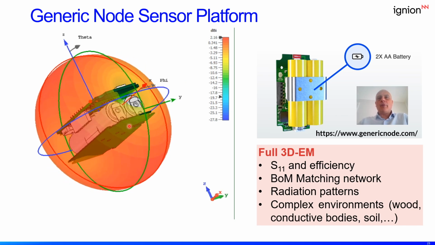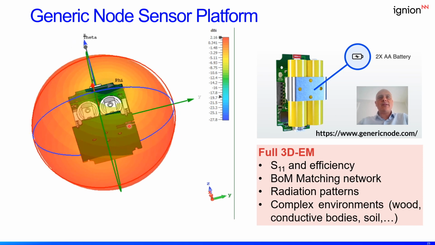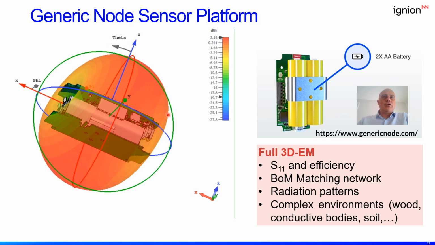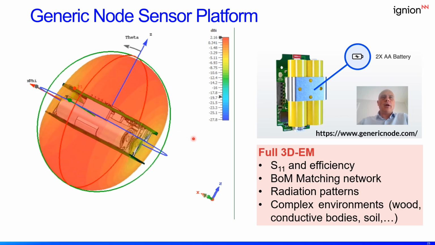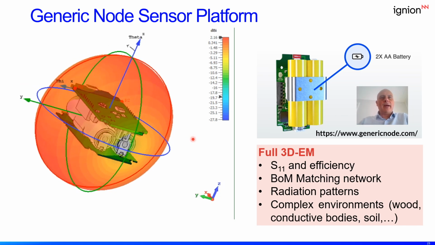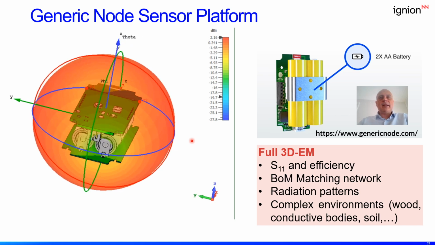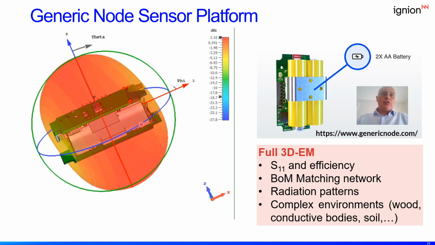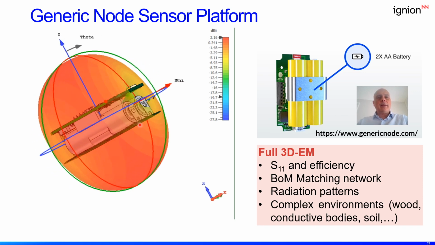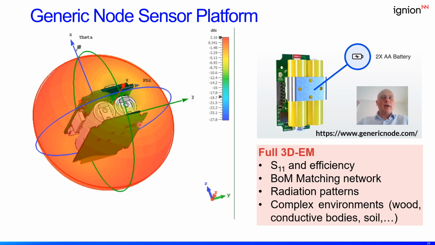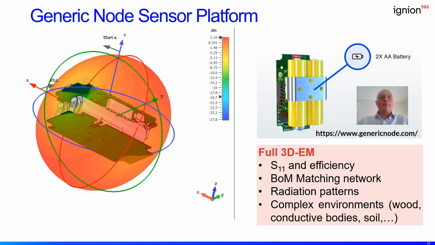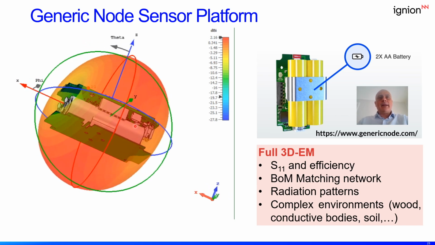And in return, besides S11 and efficiency, you get the matching network and also the radiation pattern, so you can have a look where this device is going to radiate or is going to receive the information. Also, if this device is going to be in a very complex environment, on top of a container or in another sophisticated scenario, we can also take that into consideration in the simulation phase.